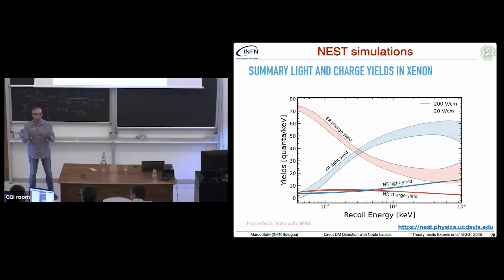For electronic recoils, down to 0.2 keV, it is proven that you are linear, and so you can reconstruct 0.2 keV. That goes to a very low end. So at some point, I will cut the material.